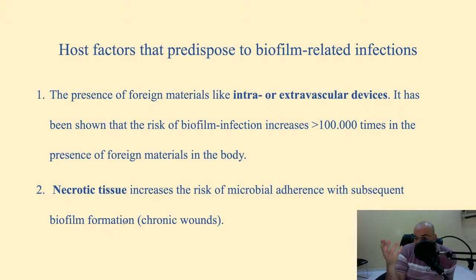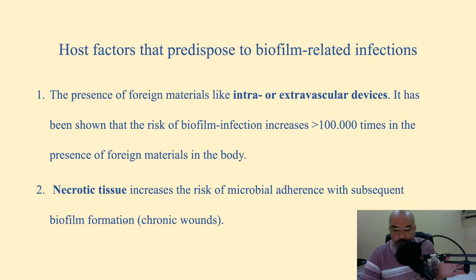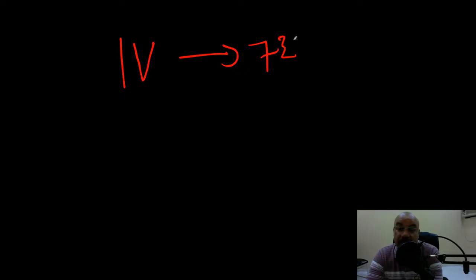First, the presence of any foreign material inside the body, whether related to the wounds or otherwise, produces a house for the bacteria to stay in. If you ask anyone in nursing how long you keep a peripheral IV line, they will tell you 72 hours, which is 3 days.